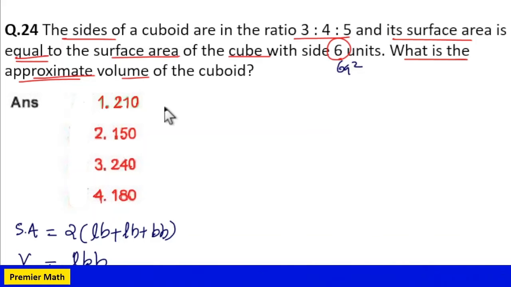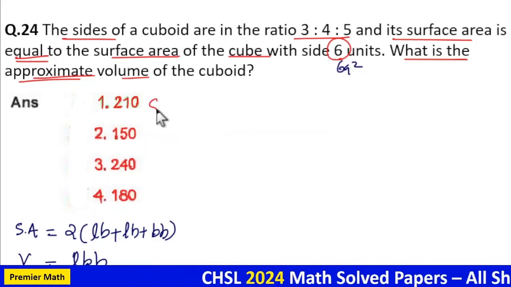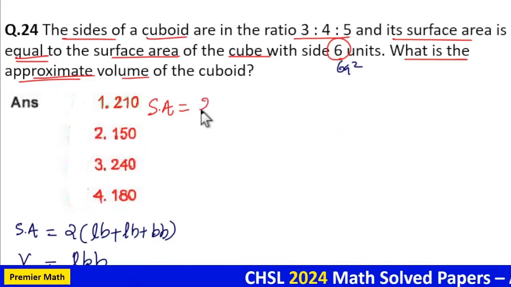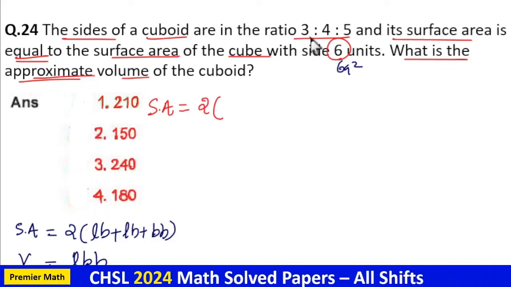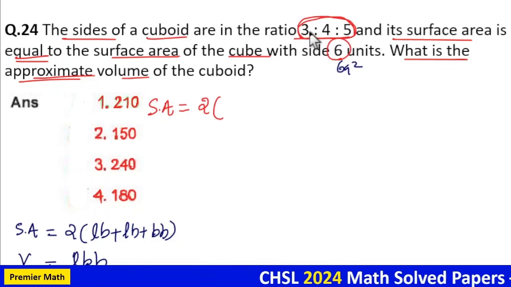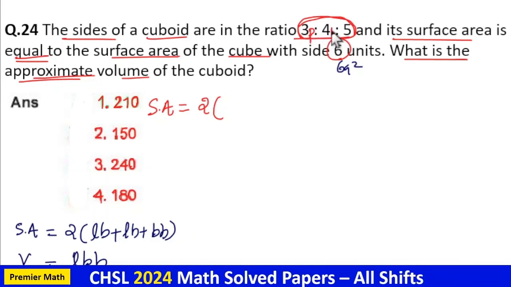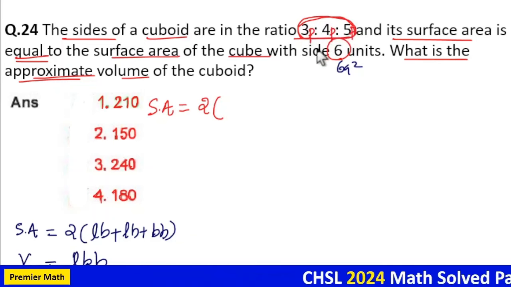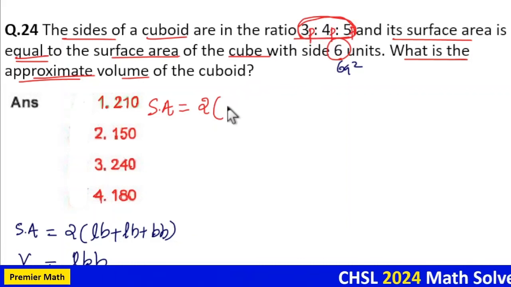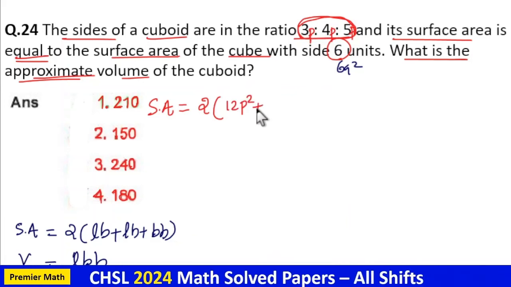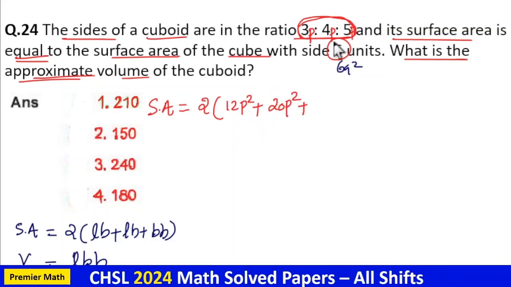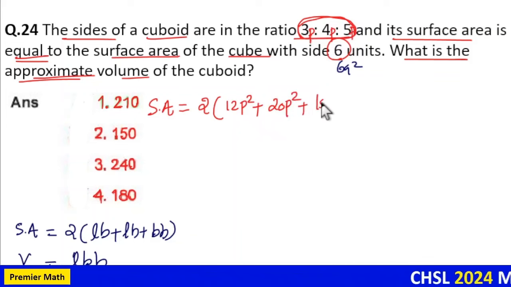Now, if you look at this, the surface area of the cuboid is 2 into, here, 3 sides in the ratio 3:4:5, which means I take one side as 3 parts, the second side as 4 parts, and the third side as 5 parts. You can see 3 into 4 is 12, so 12 part square, plus 4 into 5 is 20 part square, plus 3 into 5 is 15 part square.